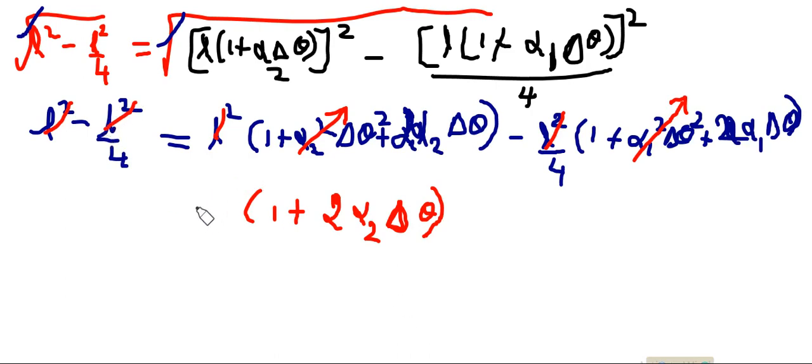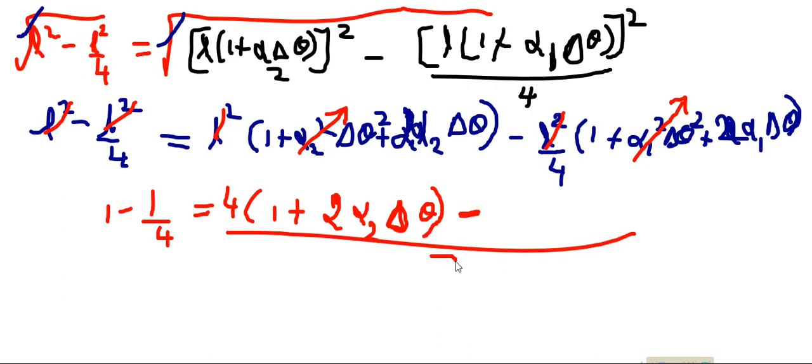The remaining thing here is 1 minus 1 by 4, which is 3 by 4, equal to 1 plus 2 alpha 2 delta theta minus, the same thing, whole divided by 4, with 1 plus 2 alpha 1 delta theta.